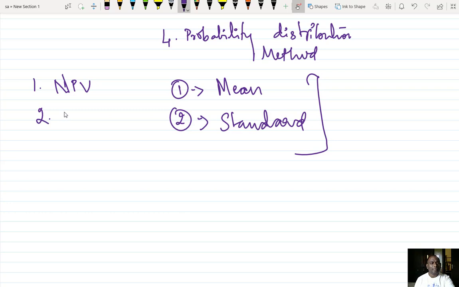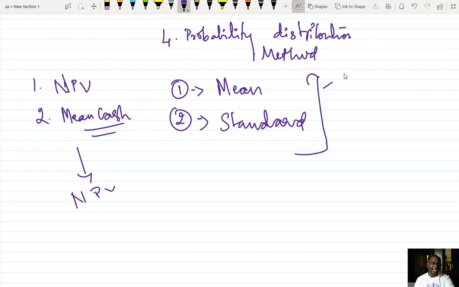Then second step, you have to calculate the mean cash flow. Okay, now in the examination they may give you NPV directly. They will ask you to do step 1 and step 2.